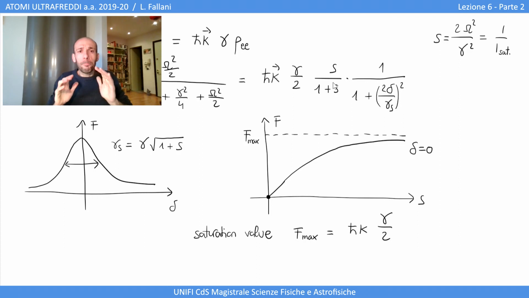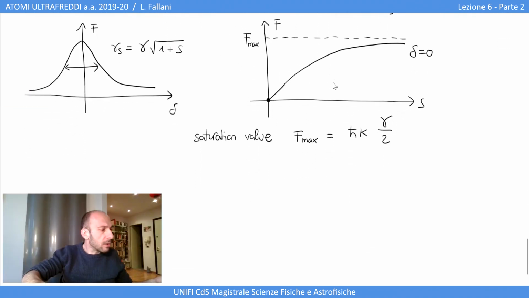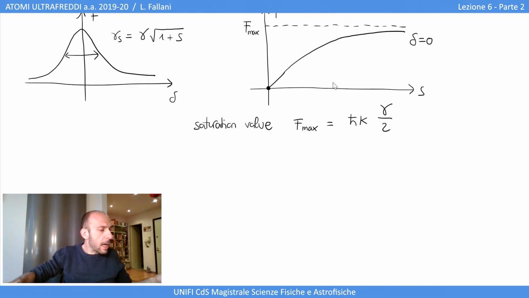And as a last thing, let me just give you some numbers, just to give you an idea of the value that this force can reach. For example, let's consider an atom like rubidium. I have the values for rubidium 87, for which gamma is, we know, 2 pi times 6 megahertz.